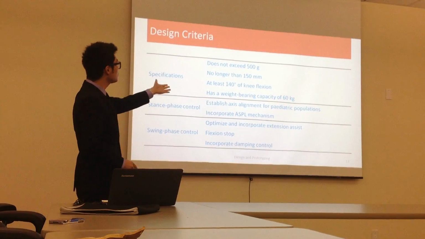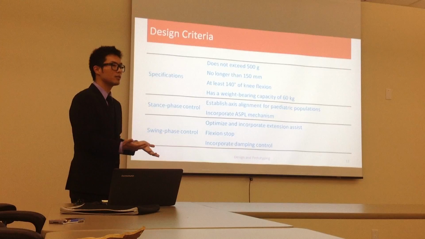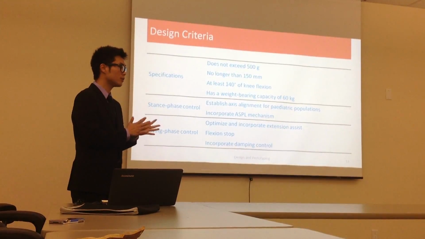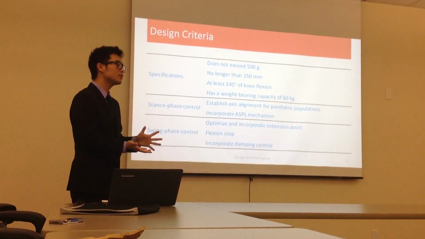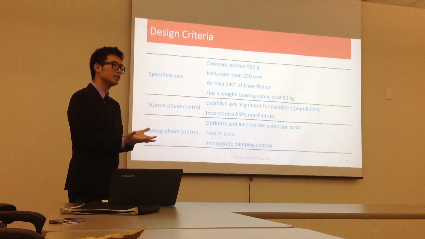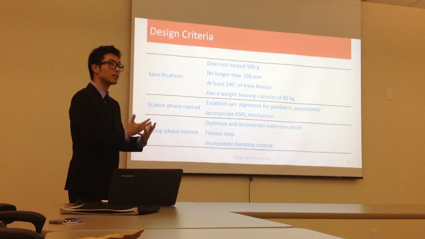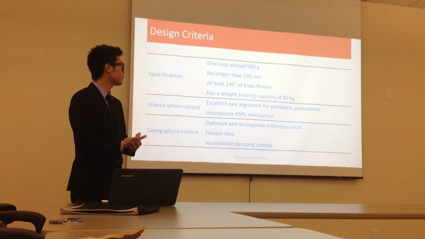The 140 degrees of knee flexion is also based on the commercially available products. They offer a range from 130 to 160, but the 160 degrees are the polycentric knees, which are known to provide a greater knee flexion angle.